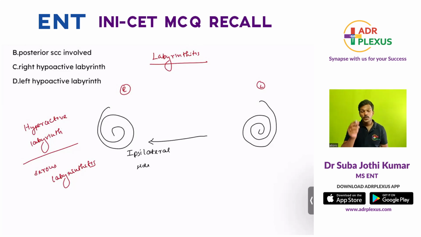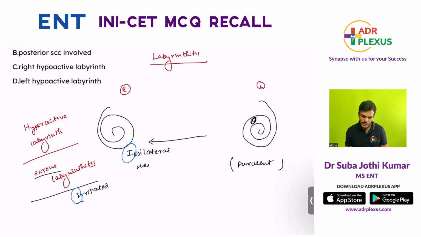Clear? So the hyperactive labyrinth, in serous labyrinthitis, has been irritated, it causes ipsilateral movement of eyeballs, that is, the direction of nystagmus is ipsilateral. Irritative, ipsilateral, you can remember it like this. Now if there is a purulent labyrinthitis, there is pus formation inside the labyrinth, and there will be destruction of the labyrinth at some parts.